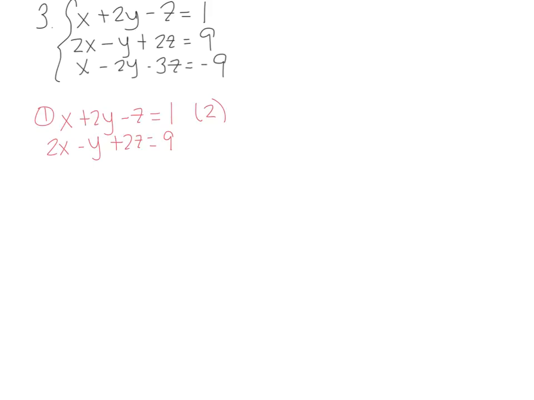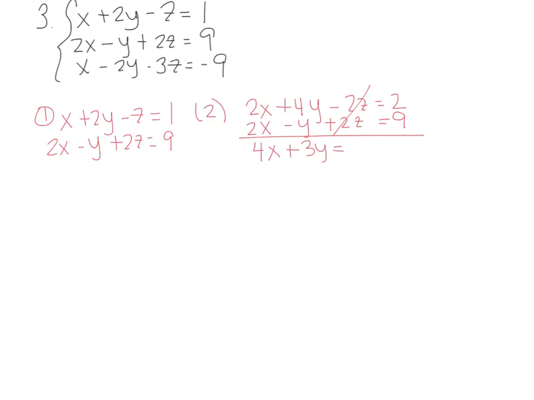So when I multiply that top equation by 2, I have 2x plus 4y minus 2z equals 2. 2x minus y plus 2z equals 9. My z's cancel, so I have 4x plus 3y equals 2 plus 9 is 11. And I'm going to put a star by that.